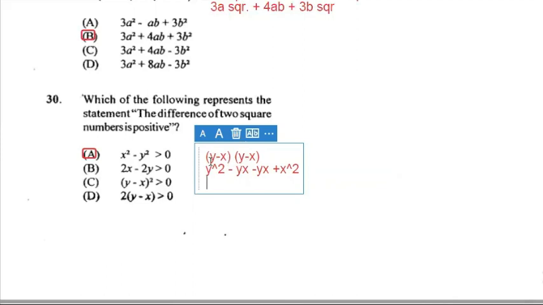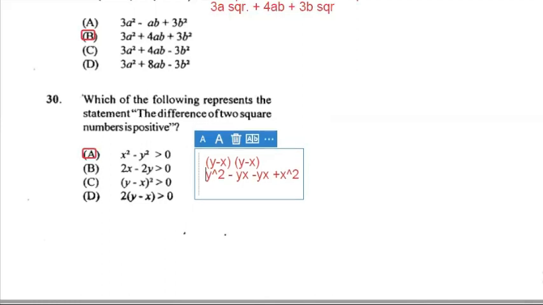It will be y multiplied by y equals y squared, y multiplied by negative x equals minus yx, negative x multiplied by y equals minus xy, and x multiplied by x to give us x squared, as a negative times a negative gives us a positive number. And when you work this out, you will see that it will not be the difference of two squares. So our answer remains as A.